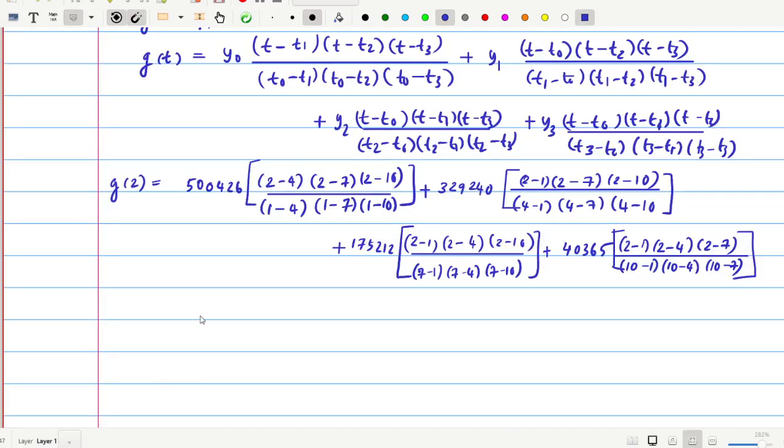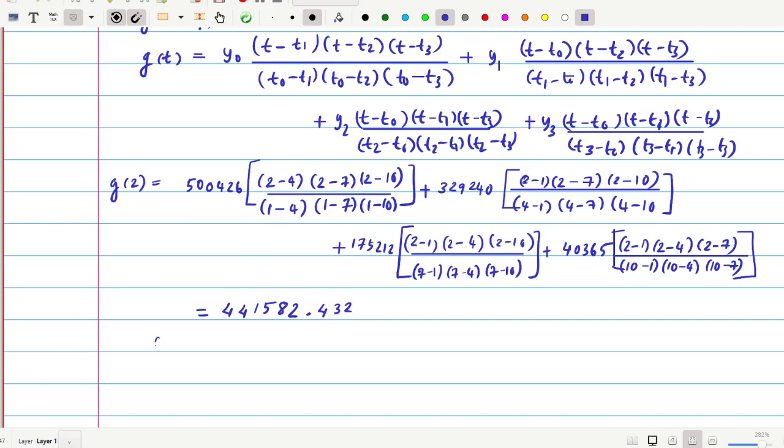By simplifying, the whole sum will be 441582.432. So this is the value obtained for g of 2.